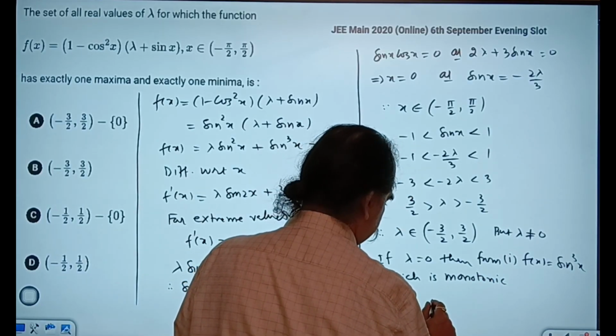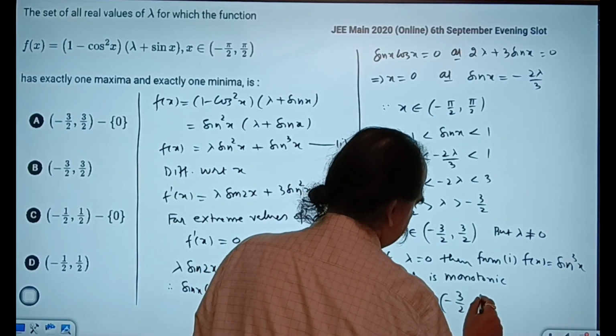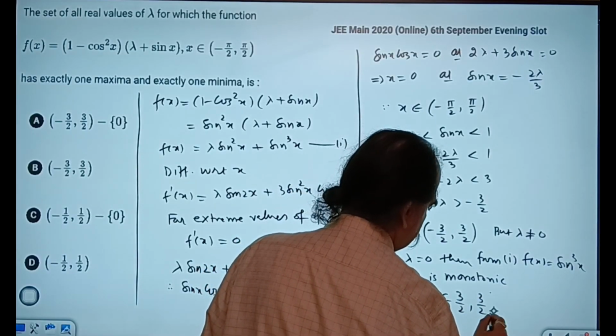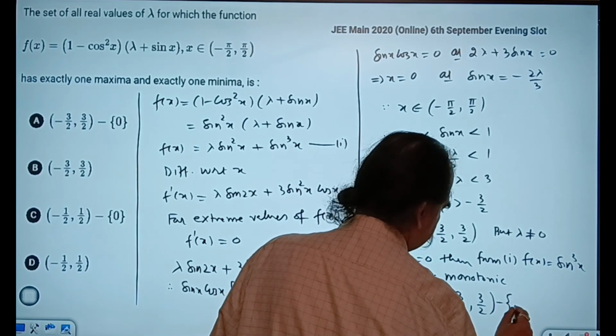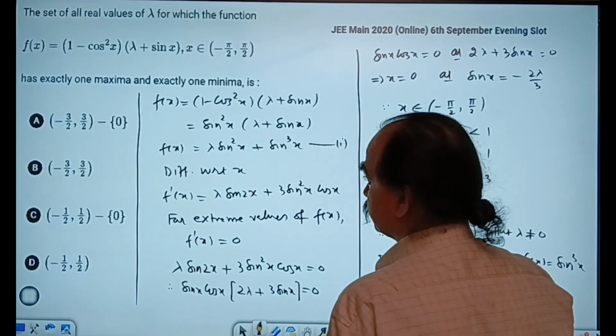Lambda must belong to (minus 3 by 2, 3 by 2) minus the singleton {0}. So the answer is A.